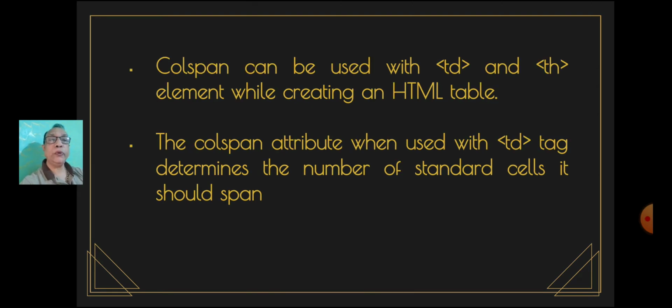ColSpan can be used with TD and TH elements while creating an HTML table. The ColSpan attribute, when used with TD tag, determines the number of standard cells it should span.